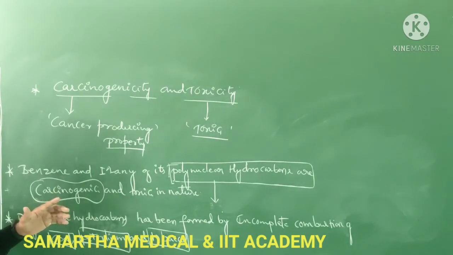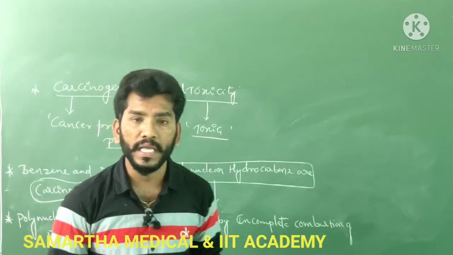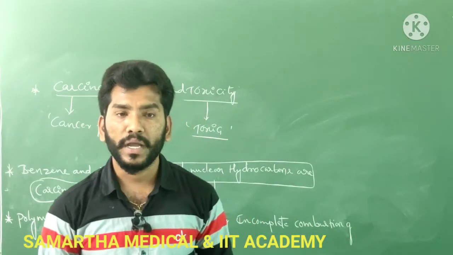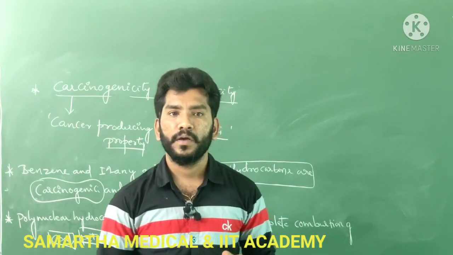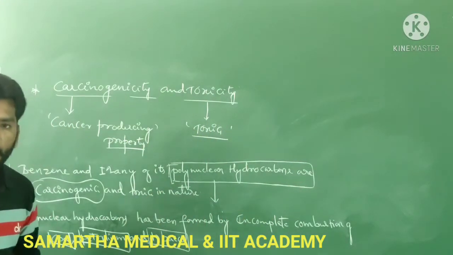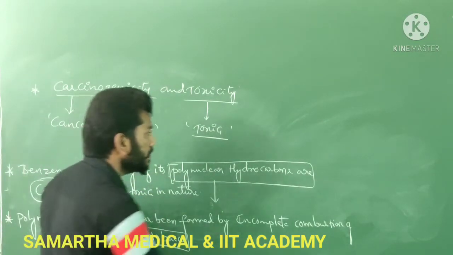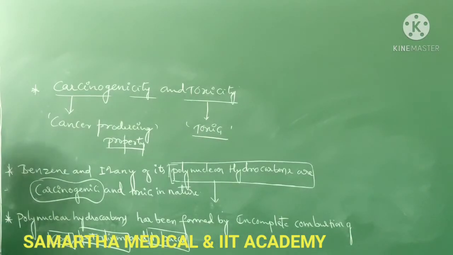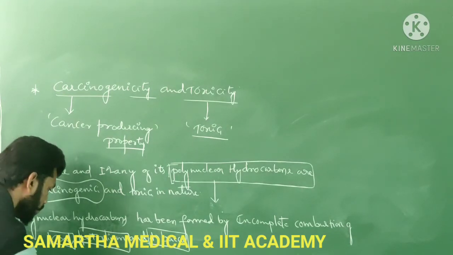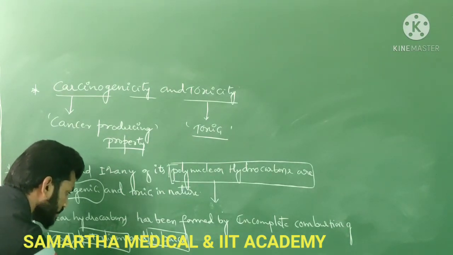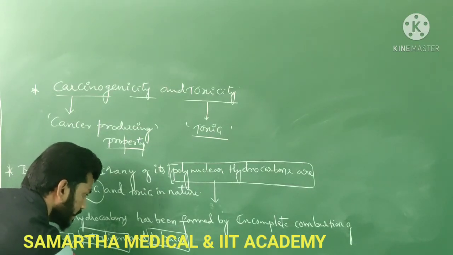Polynuclear hydrocarbons enter the human body and can damage the DNA, which ultimately causes cancer, guys. When polynuclear hydrocarbons enter the human body, first of all they damage the DNA and cause cancer, guys.